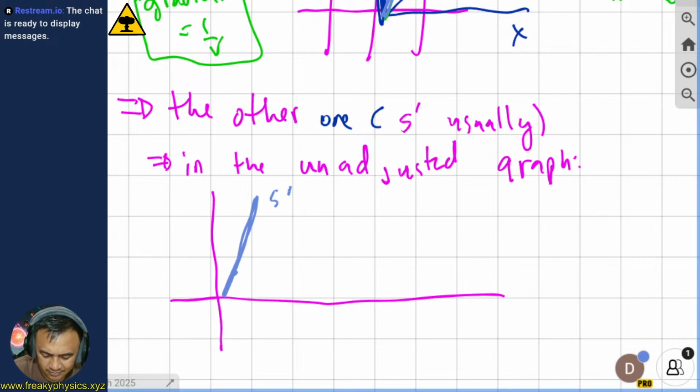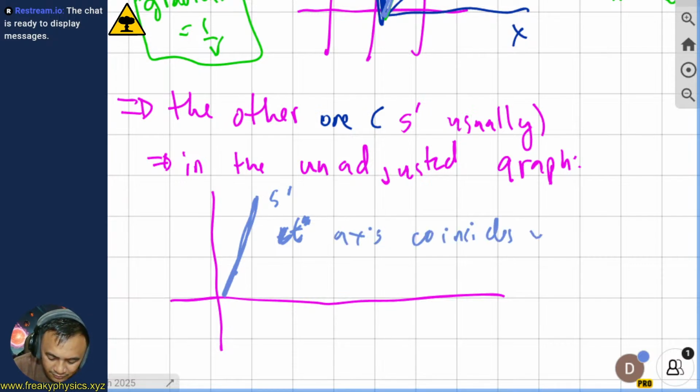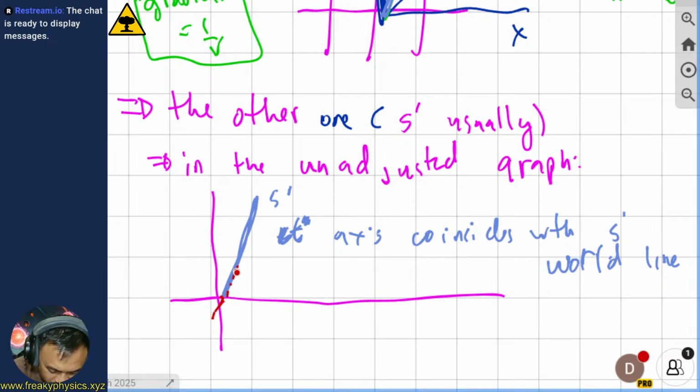Now the CT prime axis coincides with S prime's world line. That's the unadjusted first, so it will coincide. I'm just going to draw it like this so it's easier to see.